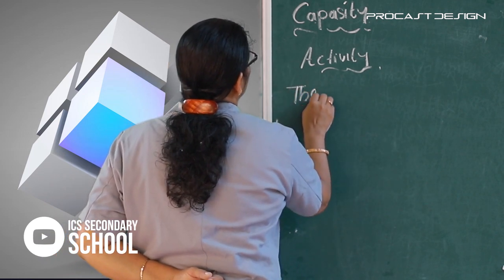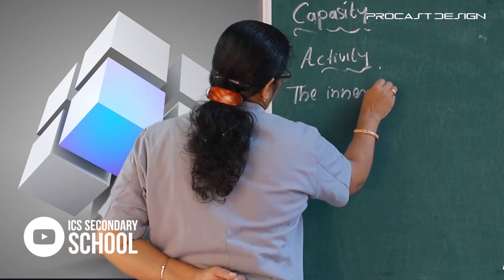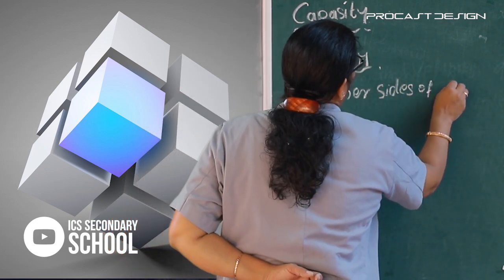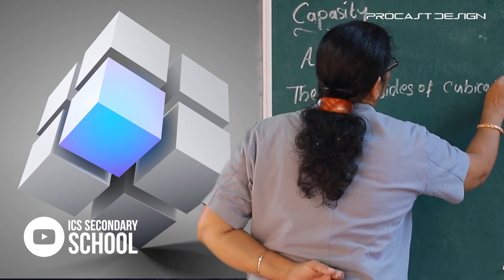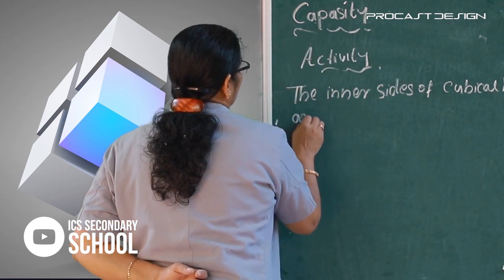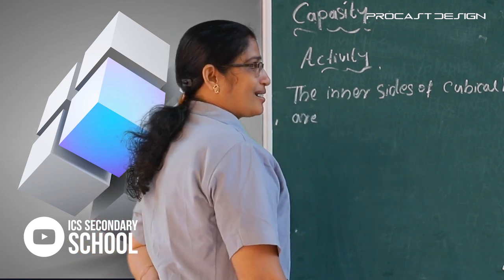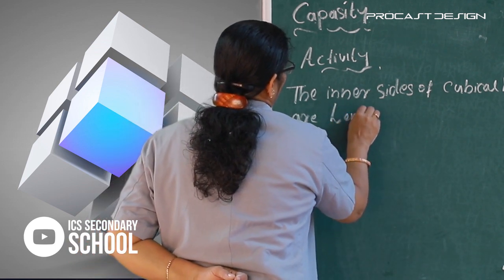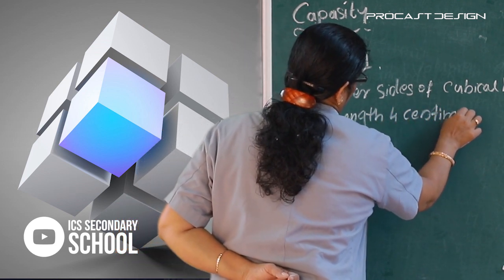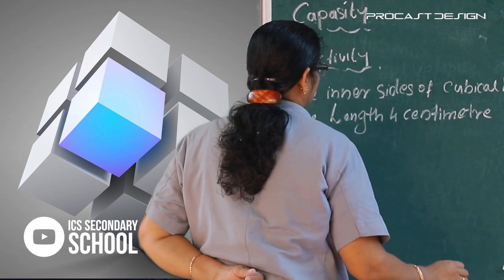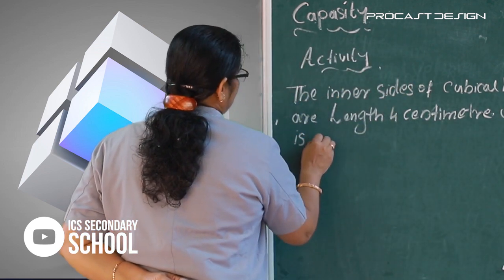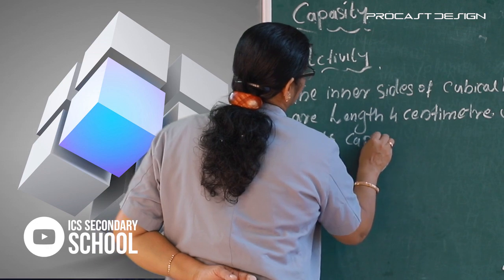The inner sides of cubical boxes are length 4 centimeter. What is its capacity?